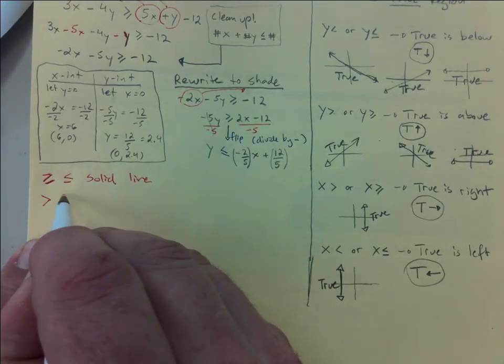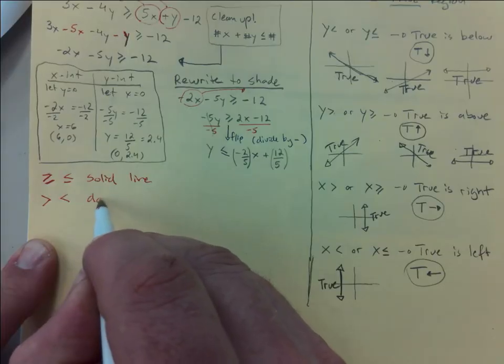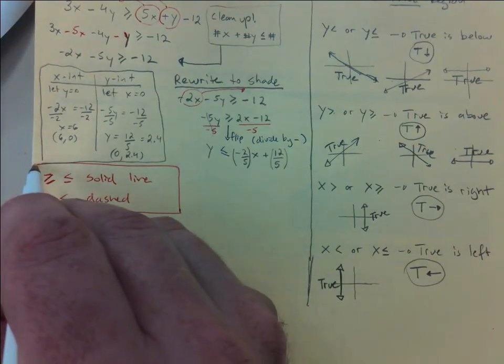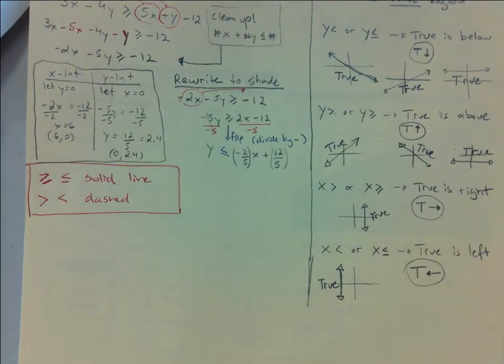If it's like this or like this, it's a dashed line. Somewhere in it there's going to be half a mark. So if you miss this on your graph, you will lose half a mark. It's not going to affect you a whole lot, but if you want full marks, you would have to watch out for that.